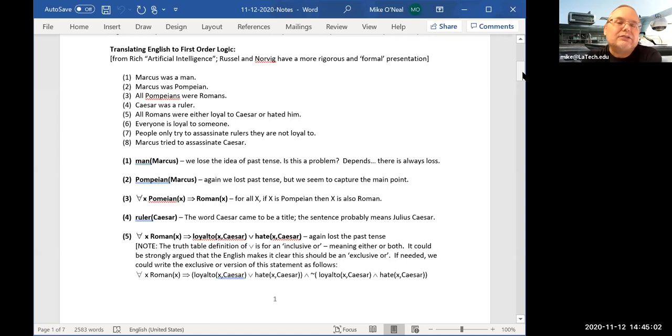Okay. This is a little bit of the story of Julius Caesar, and so we can reason about this story. But if we want to reason about it, the first thing we need to do is convert it into logic, first order logic. And the first thing we come to is Marcus was a man. That's normally encoded by something like man, open parentheses, Marcus, close parentheses.